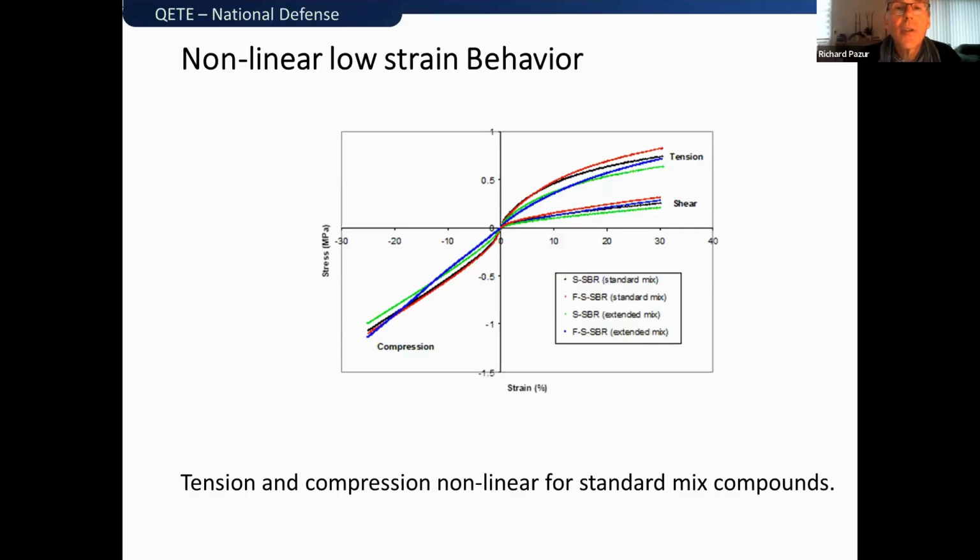There's lots of curvature in the low strain area, so it's non-linear. It's interesting that when we go to an extended mix it seems to straighten out much better, so it's more Hookean in that area. And we want the more Hookean behavior in order to have more agreement with theory. So this is another factor which is going to affect and give us nonlinearity in our results.